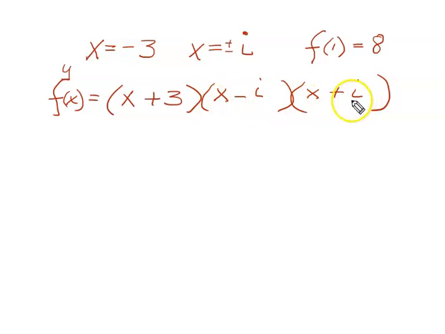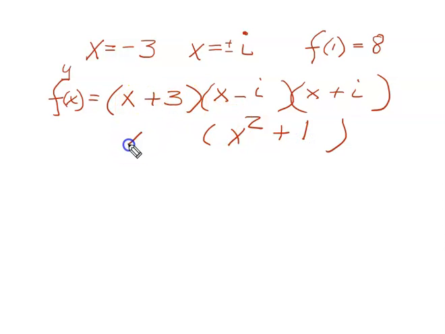Now, these are conjugates. So we can multiply these conjugates together and get x squared minus i squared. But we said in an earlier lesson, i squared is a -1. So the opposite of a -1 makes this a +1. And I'll just change that right now.